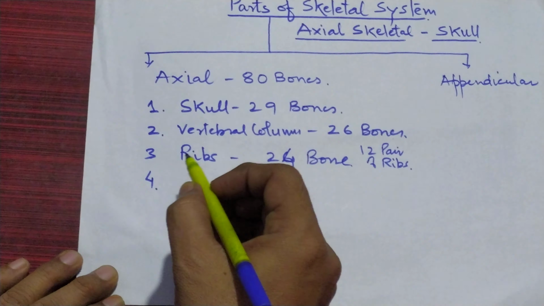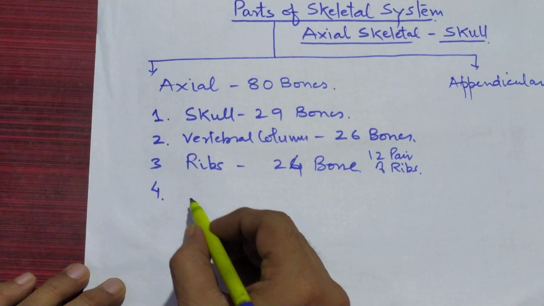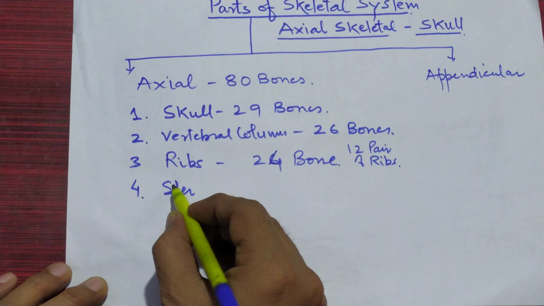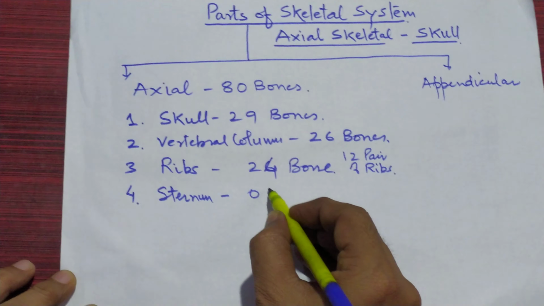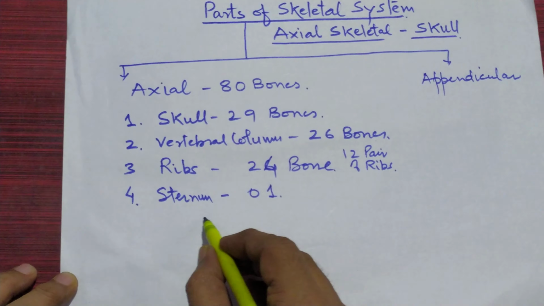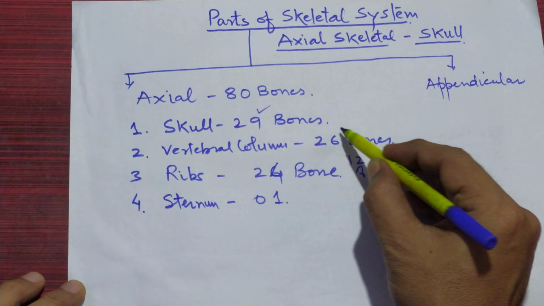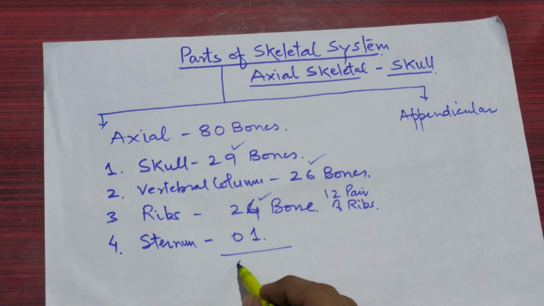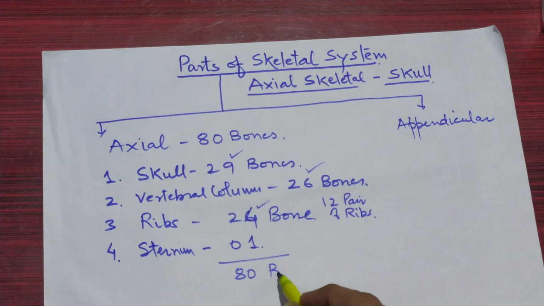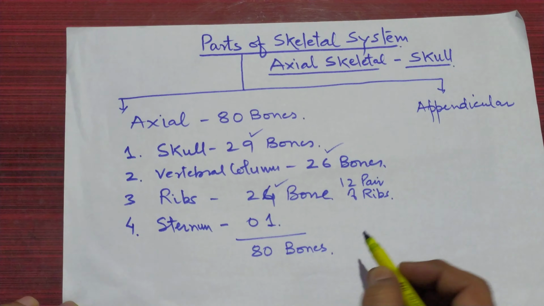And the fourth part of the axial skeletal system is the sternum, the flat breastbone, which includes only one bone. When we add 29, 26, 24 and 1 sternum, it includes 80 bones.